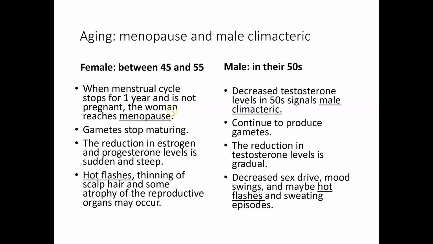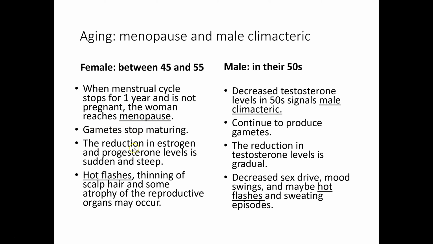The definition of menopause is the cessation of the menstrual cycle for a year, when not pregnant, right? What does it mean? That means the gametes stopped maturing, right? The gametes are the secondary oocytes. If the gametes stop maturing, then you do not have follicles developing and maturing, and the follicles are the ones producing estrogen and progesterone, right?